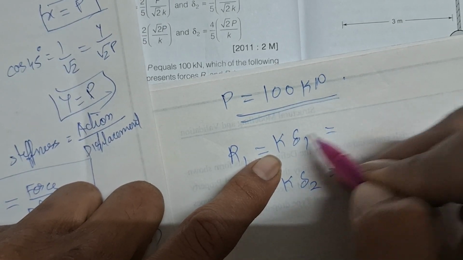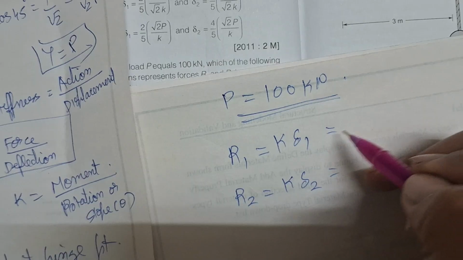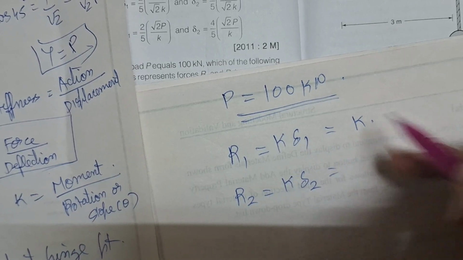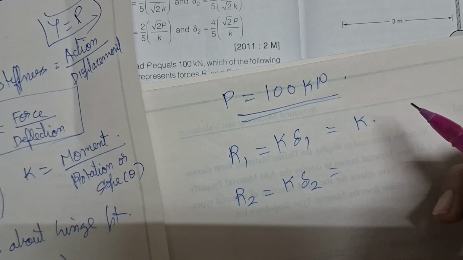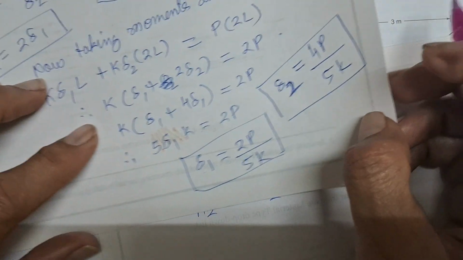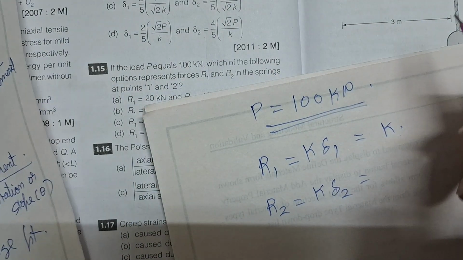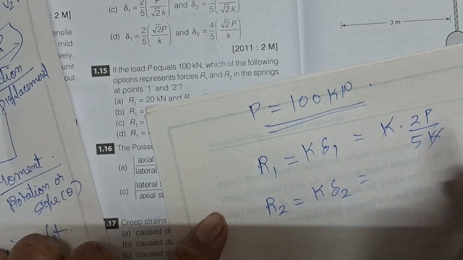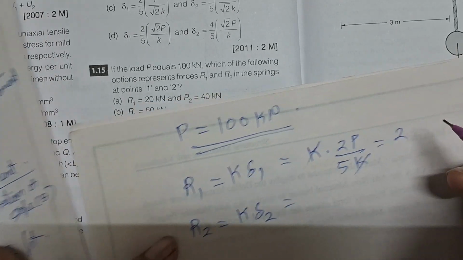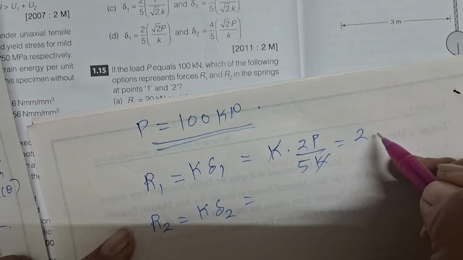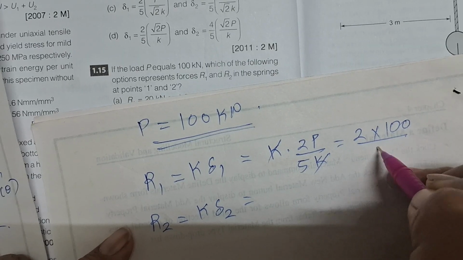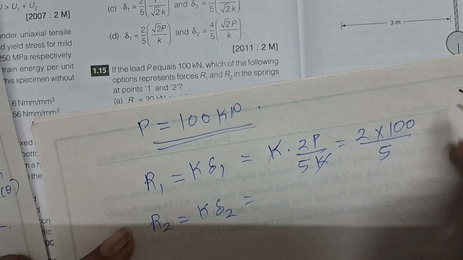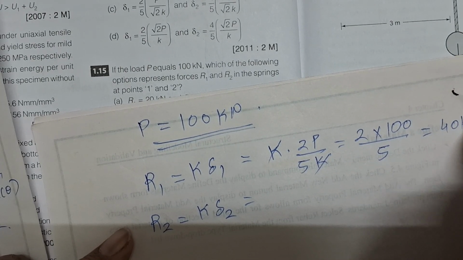So R1 is equal to K delta 1. Delta 1 we have found out is 2P upon 5K. So 2P upon 5K, K cancels. So 2 into P, which is 100, divided by 5, so it is 40 kilonewton.